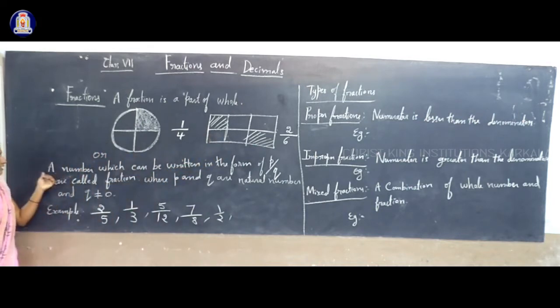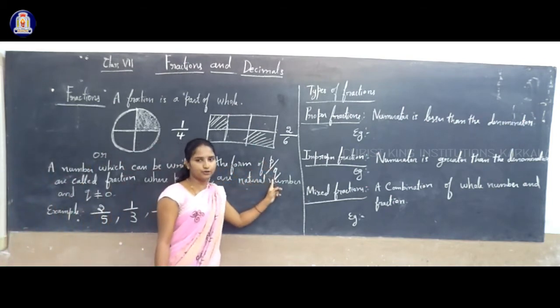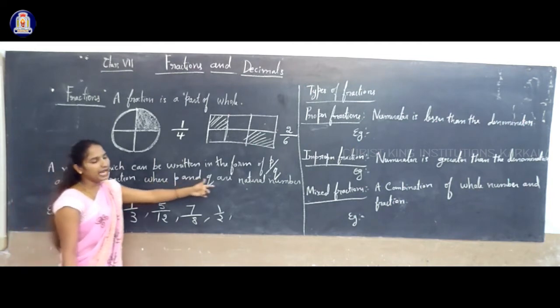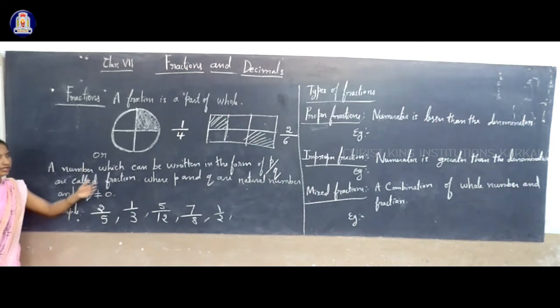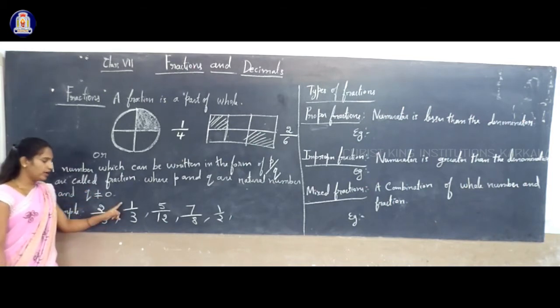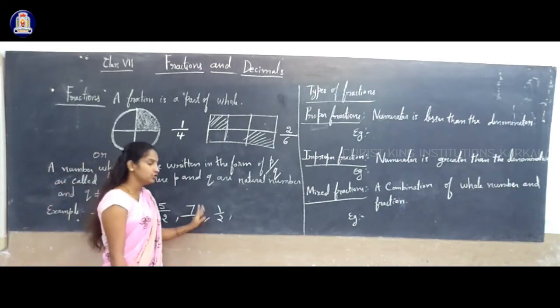Or we can write one more definition: a number which can be written in the form of P by Q is called a fraction, where P and Q are natural numbers and Q is not equal to 0. For example, 2 by 5, 1 by 3, 5 by 12, 7 by 8, 1 by 2.